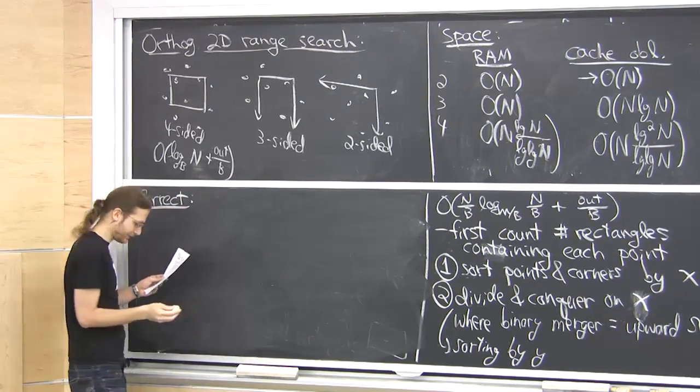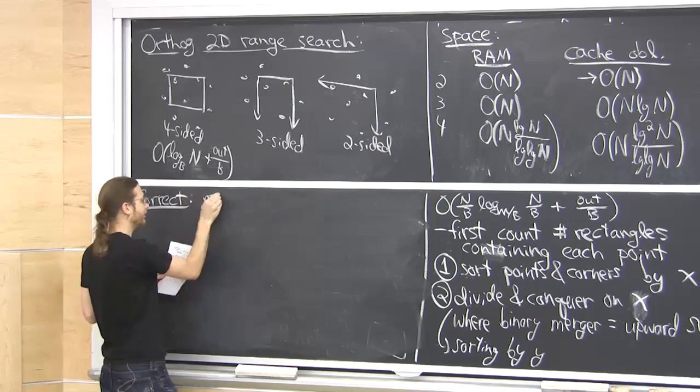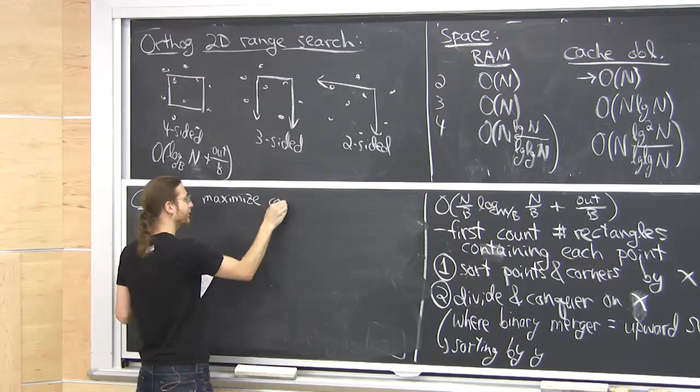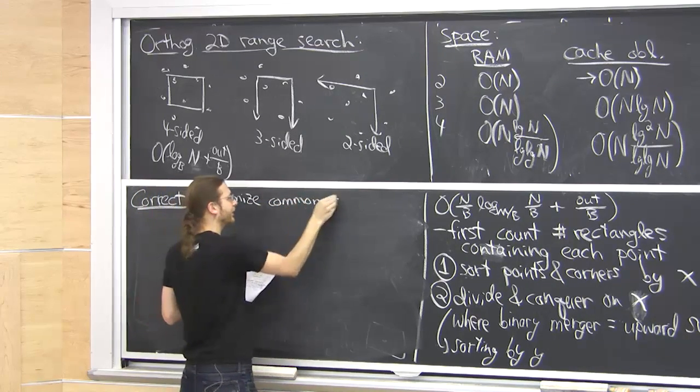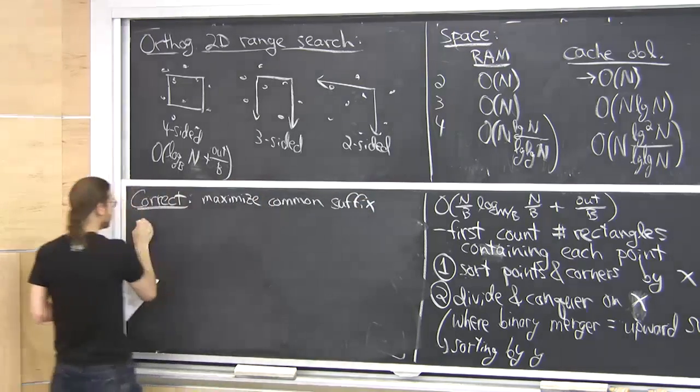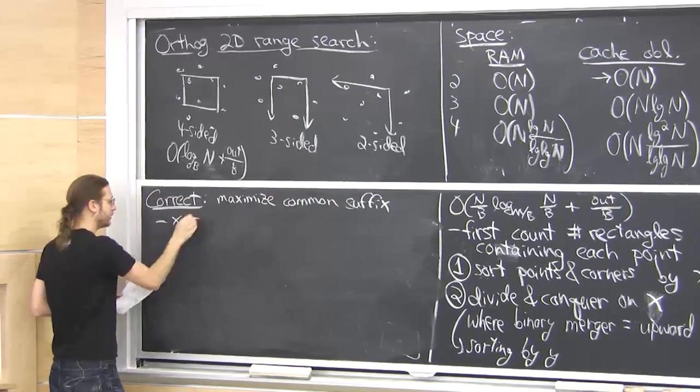I have written here, I didn't read this before, this one line. It says maximize common suffix. I have no idea what this means, but maybe it will mean something by the end. Let's see. Okay, here, this is the part I've read.